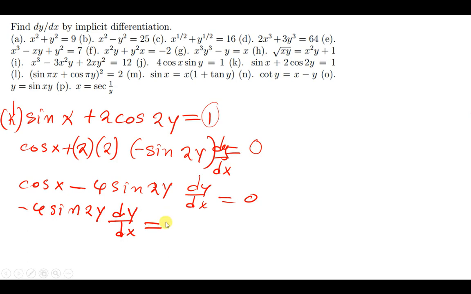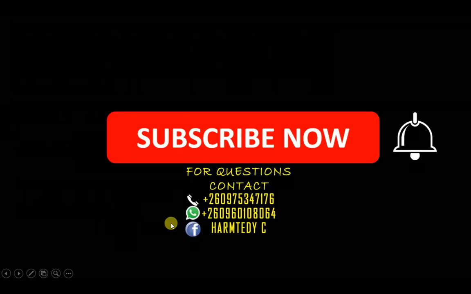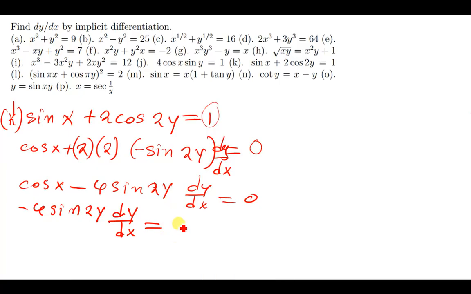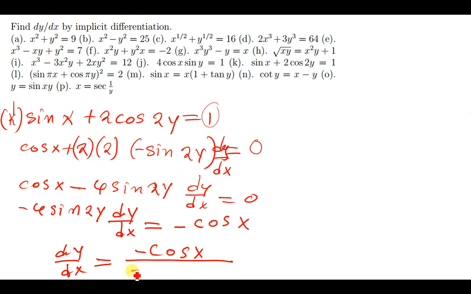So this will be equal to negative cos x. Then to make dy dx the subject of the formula, you can divide everything by negative 4 sine 2y. So dy dx will therefore remain as negative cos x, then everything divided by negative 4 sine 2y.